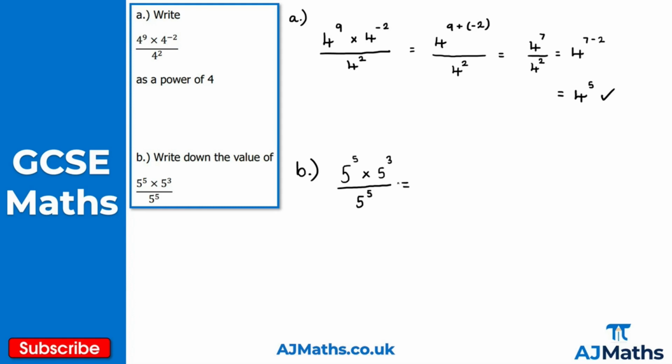Okay. So again, to begin with, what we need to do is simplify the numerator. Again, we have the same base, so all I'm going to do now is add the powers together. This would be 5 to the power of 5 plus 3, and this will all be over 5 to the power of 5.